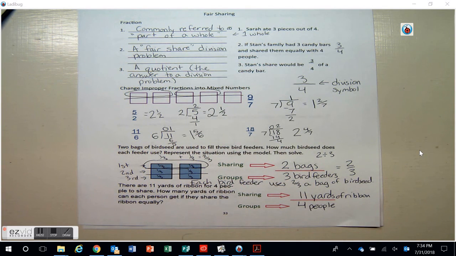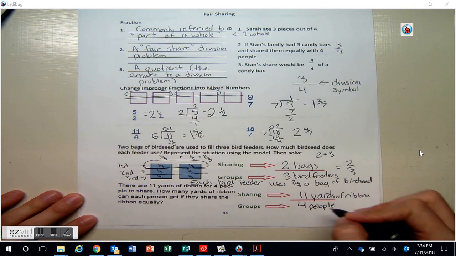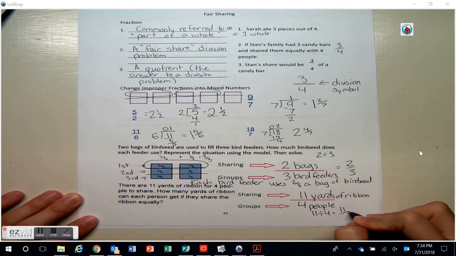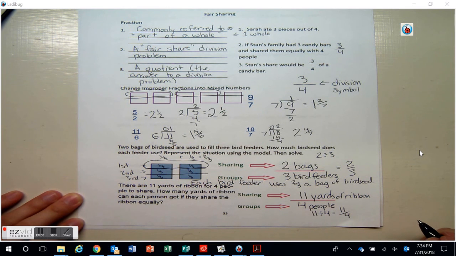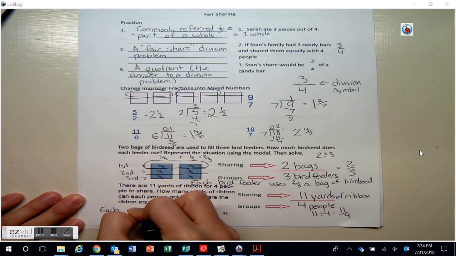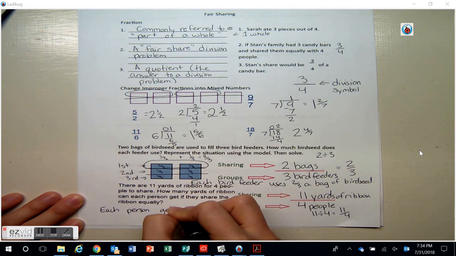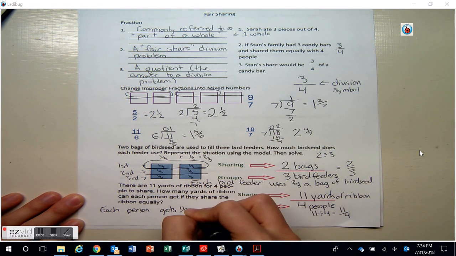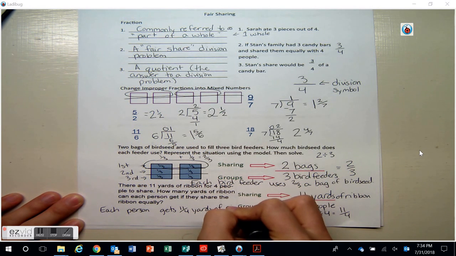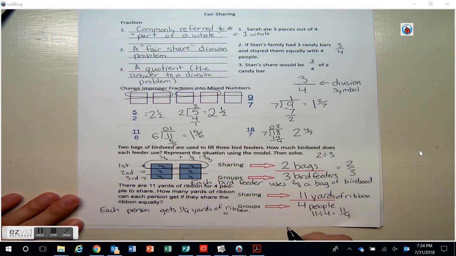I'm passing it out to 3 bird feeders. So this problem is 2 divided by 3. Well, 2 divided by 3 can also look like this. That right there is an answer. 2/3. And that's the same answer that I got over here.